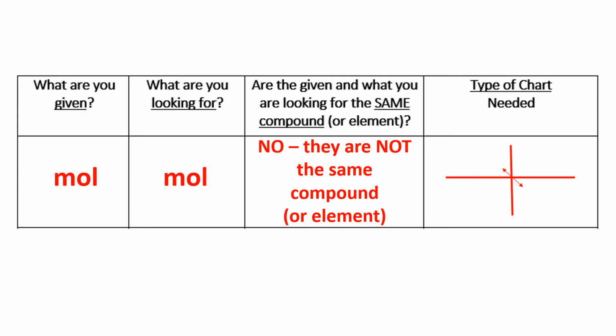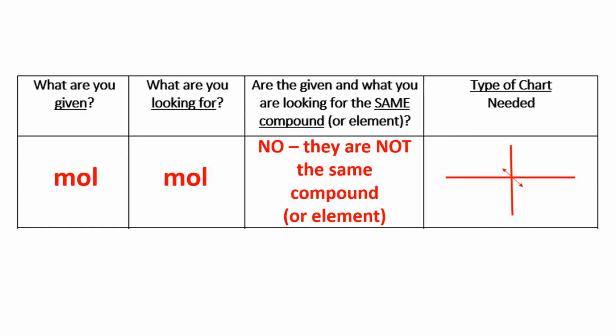Okay, now we're getting into, no, they're not the same substance. So if we're looking for moles of one and converting to moles of the other, we have to look at our chemical equation. And we are going to look at the numbers before the substance. So specifically, we're going to be looking at the coefficients.